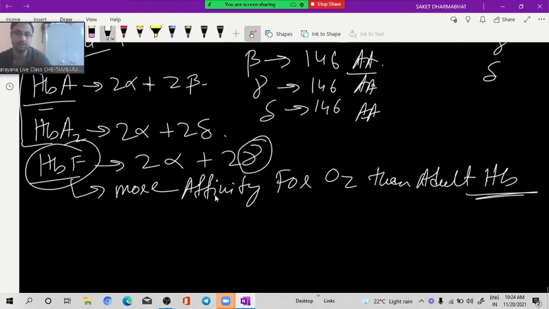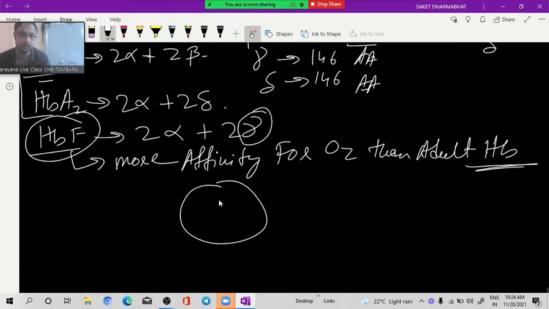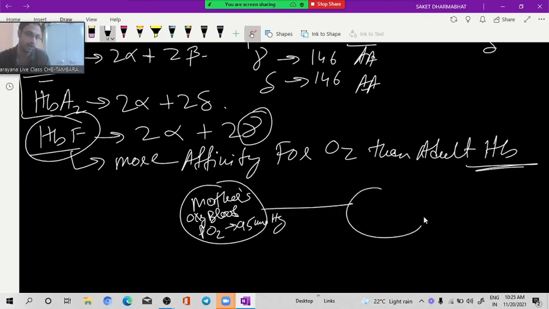And why it is given, I have already told you. In mother, suppose this is the mother's oxygenated blood. What is the partial pressure of oxygen? 95 mm Hg. And suppose this is the fetus blood. What is the partial pressure of oxygen? 40 mm Hg.